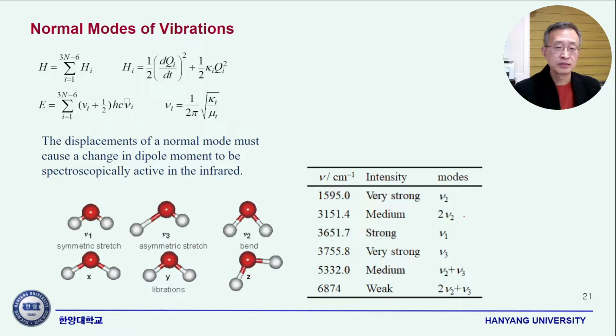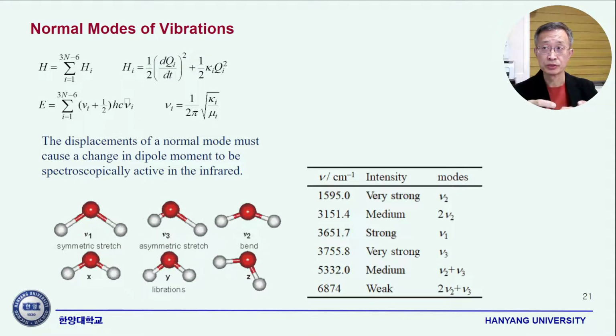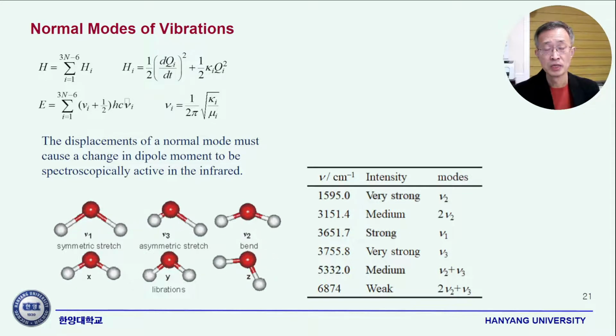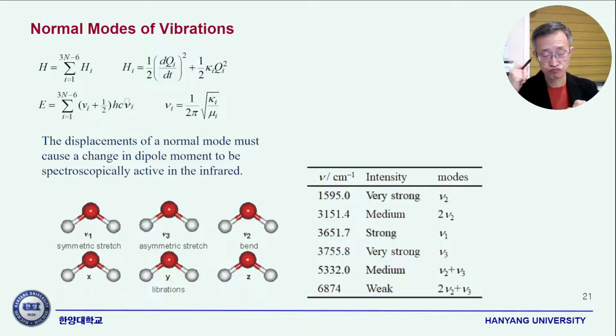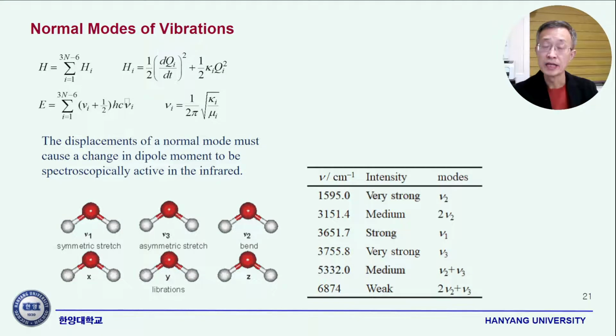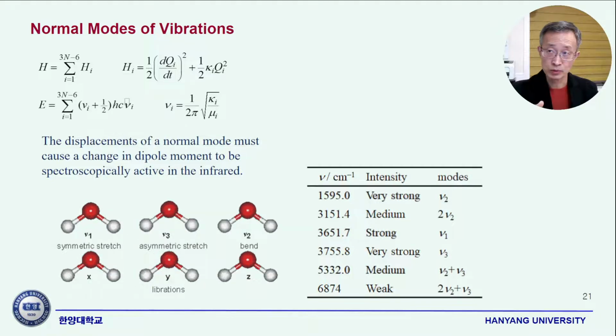In the normal coordinate system you can decompose the total Hamiltonian into that many, 3n minus 6, separate Hermite differential equations. You solved the Hermite differential equation already, and the total wave function is the product of each vibrational wave function, and the total vibrational energy is the sum of the energies of the normal coordinates.